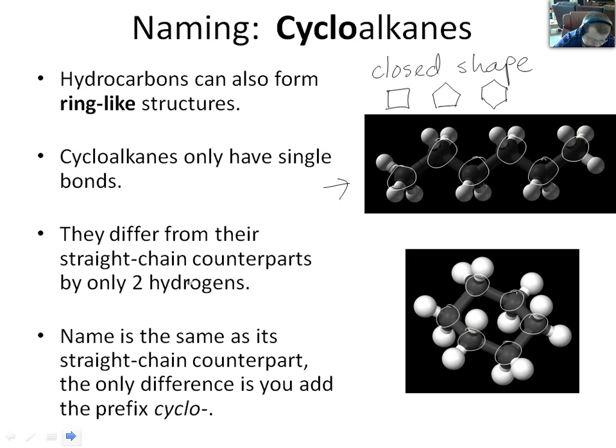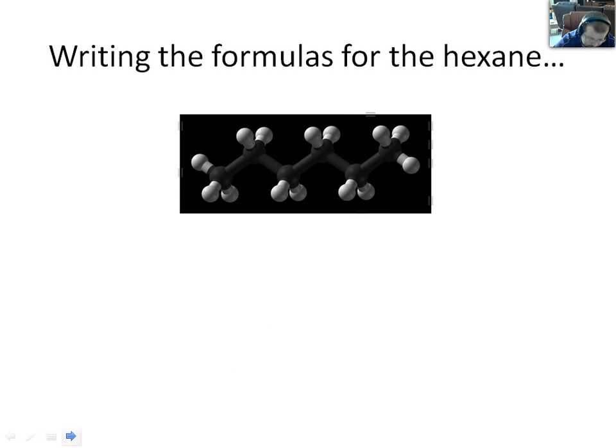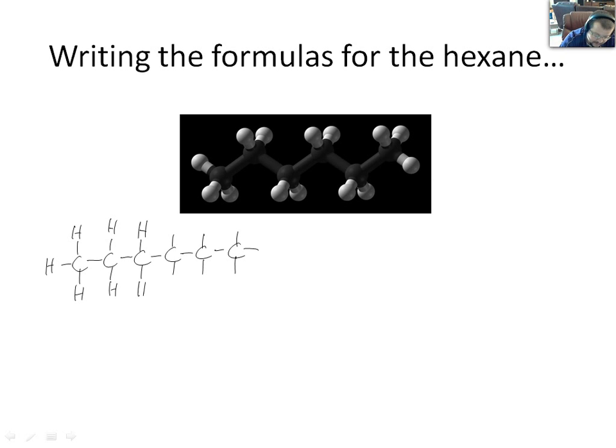Now, if we had to write our formulas for hexane, let's start with a structural formula. Just straight chain hexane, we're going to have 6 carbons all in a row. And every carbon needs 4 bonds, so we fill those in. So bear with me a moment while I fill in all our hydrogens.